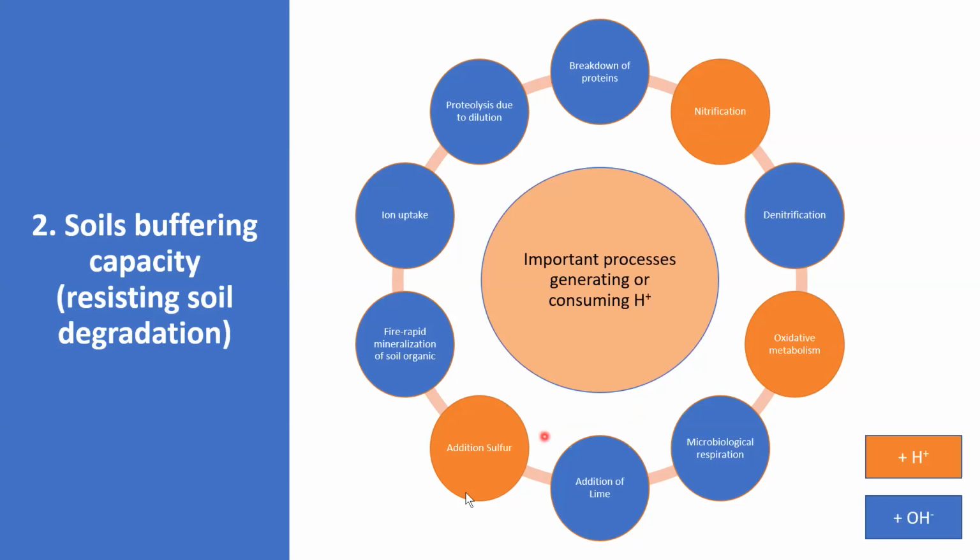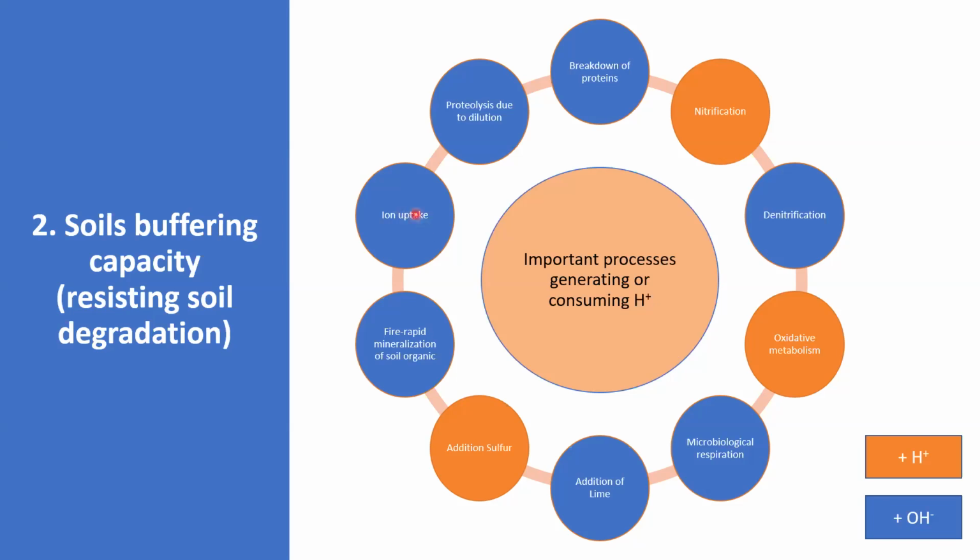Nitrification, oxidative metabolism, and addition of sulfur are basically involved in H ion release. And all the other functions: denitrification, microbial respiration, addition of lime, fire, rapid mineralization of soil organic matter, and ion uptake, which also releases protons.